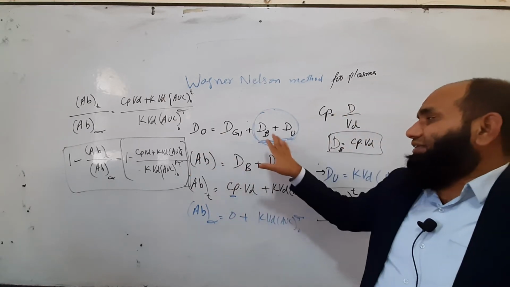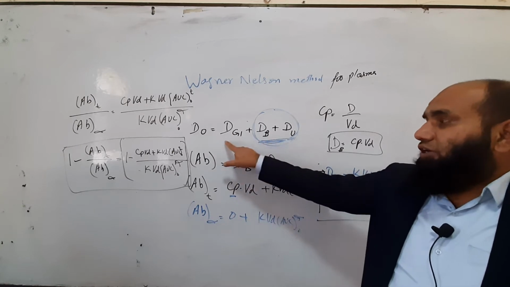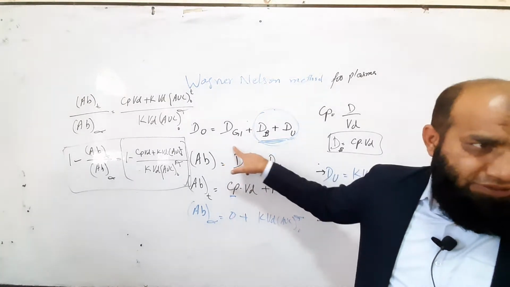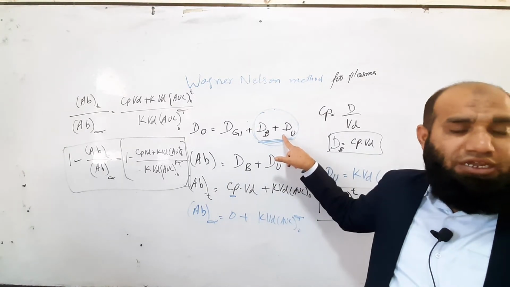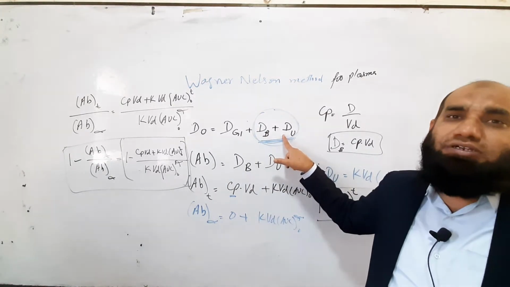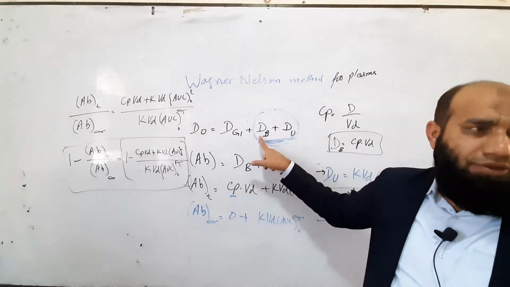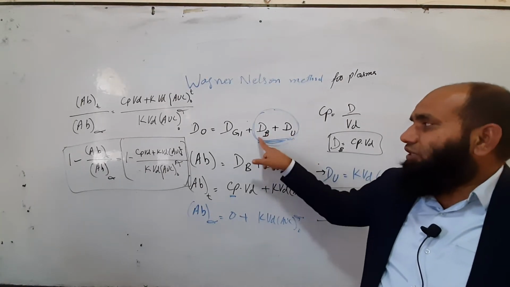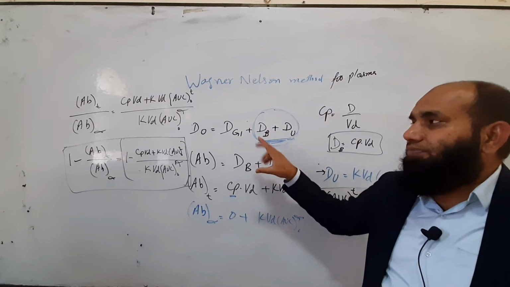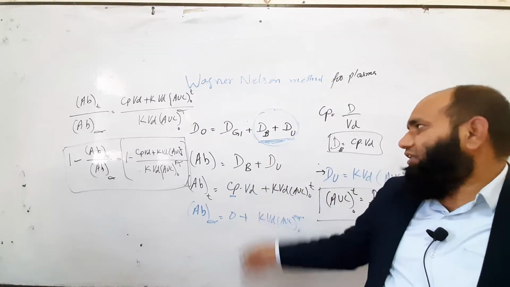This part is the drug which has yet to be absorbed and is present in the GI tract, and this part is the amount of drug which has already been absorbed and is present either in the blood or in the urine. When we solve this, we can build the basic concept of the Wagner Nelson method.